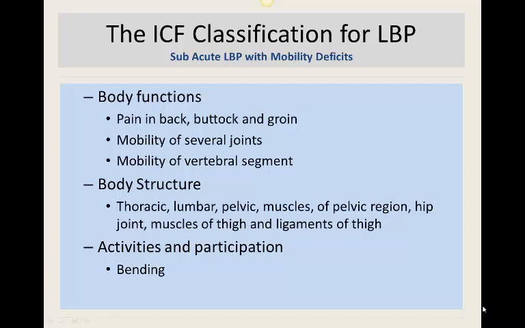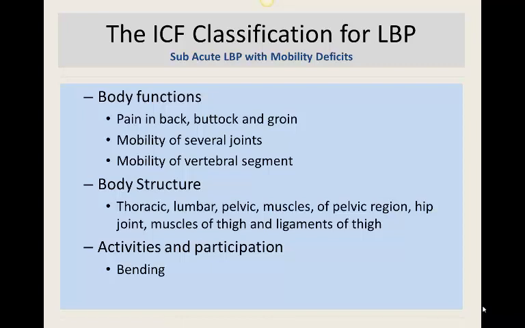The second category is very similar to the first category, low back pain with mobility deficits. However, this specific classification is different from the first in that it is considered subacute, meaning the duration of the symptoms have simply been going on longer than the acute low back pain. Again, the body functions could be a pain in the back, buttock, and groin.